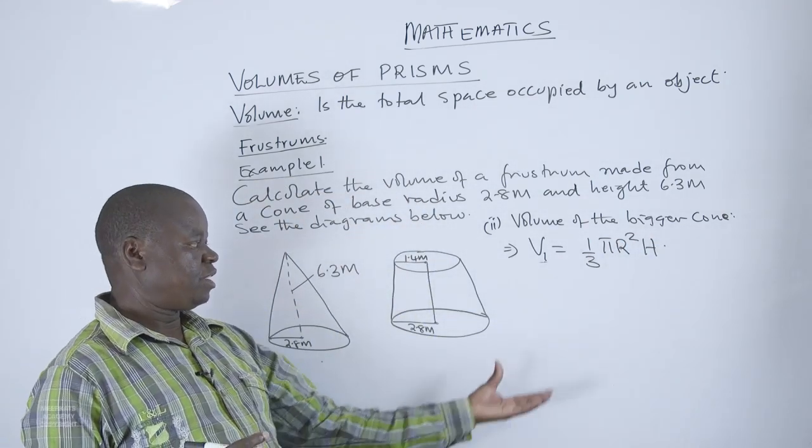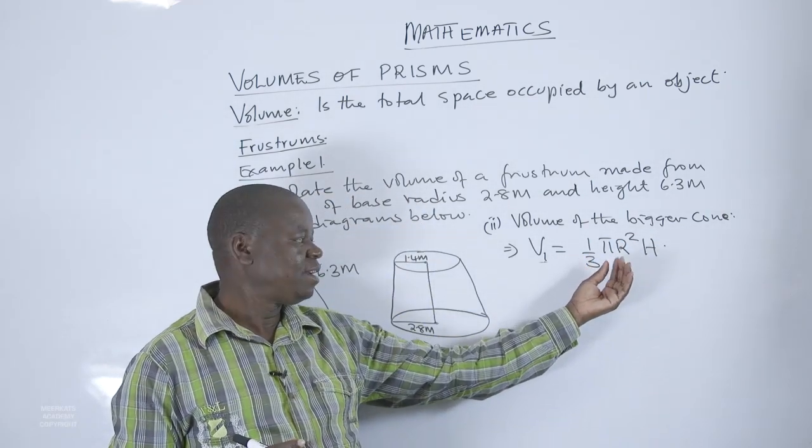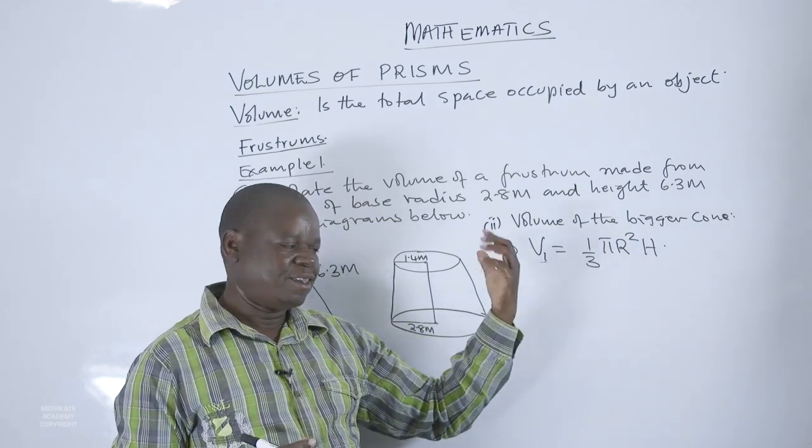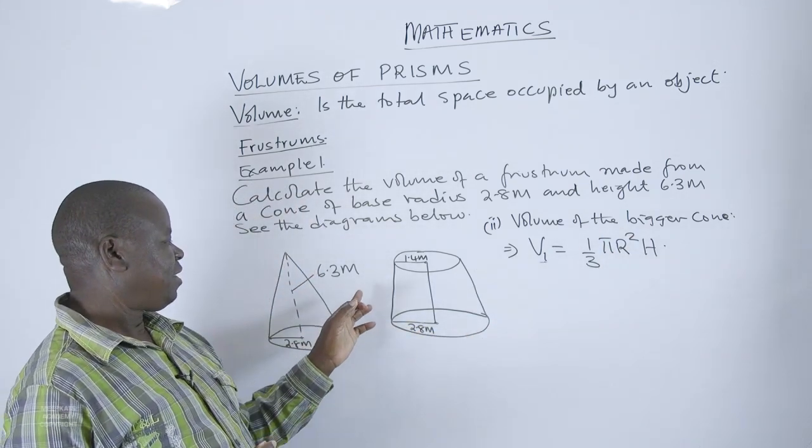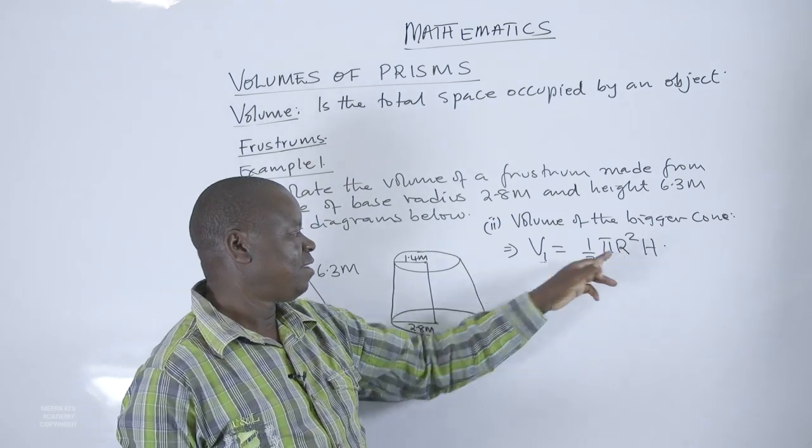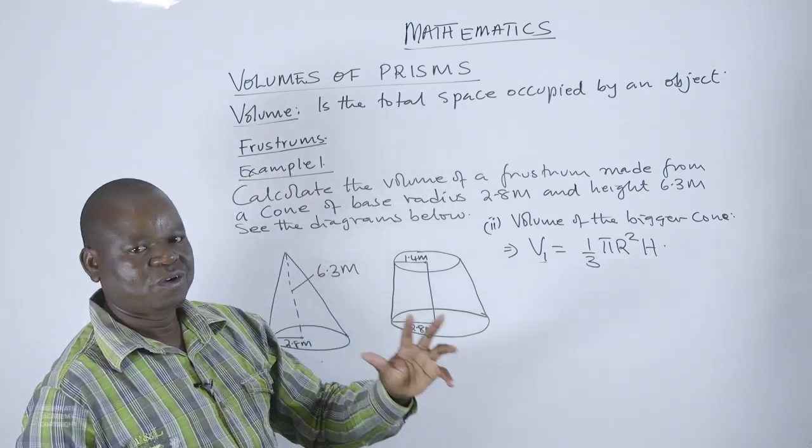Volume of the bigger cone is a third pi r squared h. Then because we know r, we know capital H, we substitute.